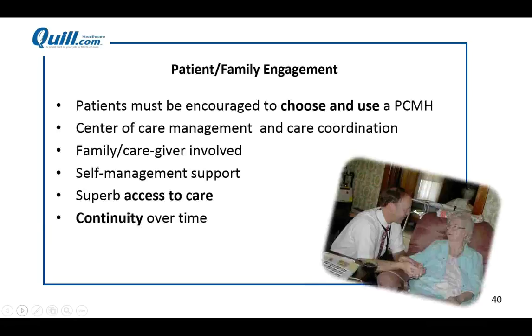So the first one is patient engagement. I really think that regardless of the structure, patients must be encouraged or incented to choose and use some usual source of care. And we think it probably should be either PCMH or some kind of primary care practice. And it really has to be family and caregiver involved, the self-management support that I talked about, the access and continuity over time.